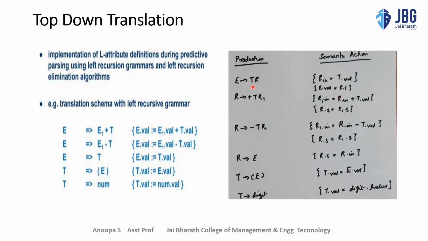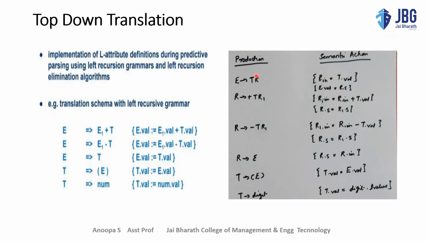So when I have E giving TR, what I have to perform as semantic action is, the value of R is inherited, right? Because we will get R value directly. So R dot in is equal to T dot val, and E dot val we will get from R dot s.